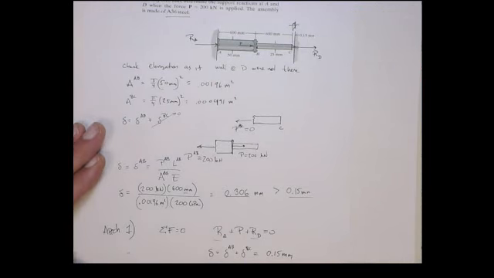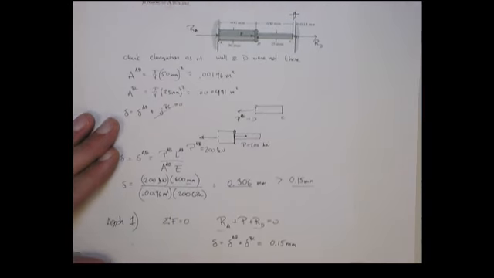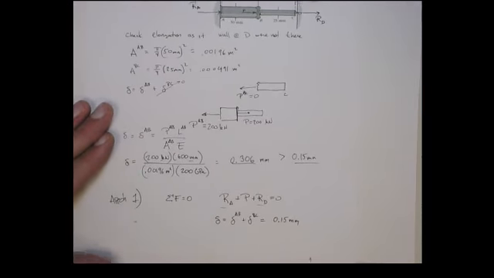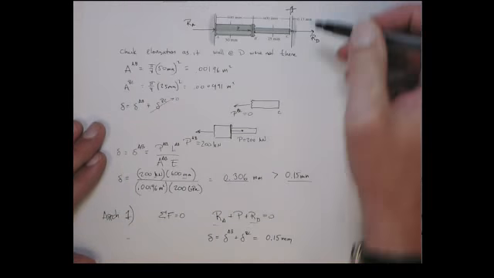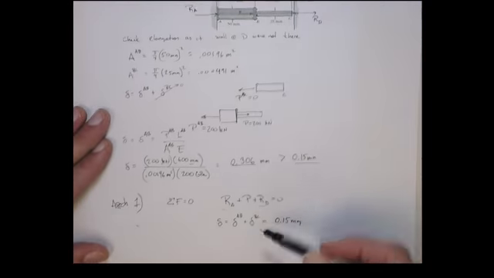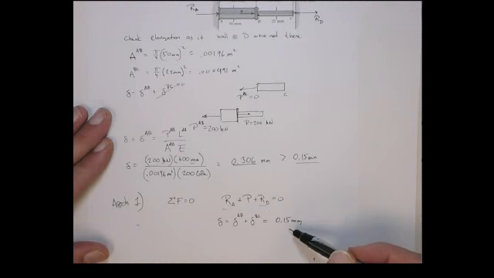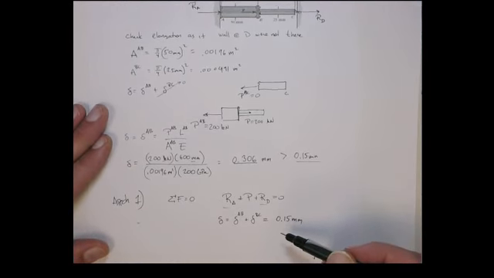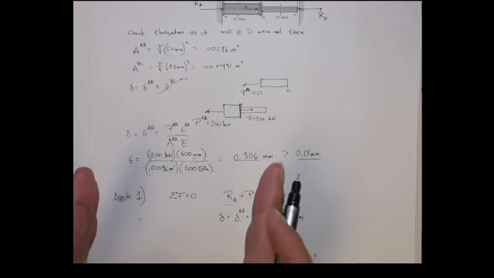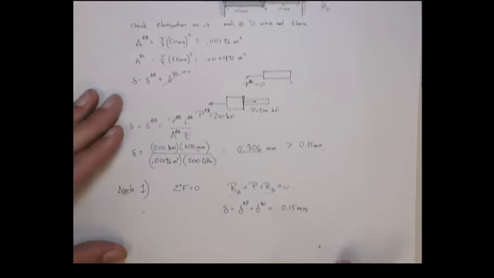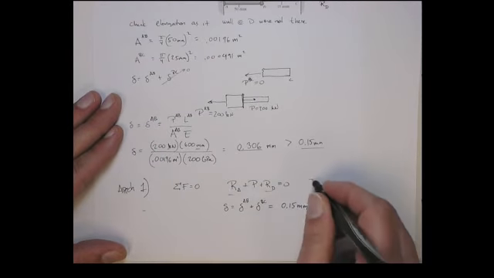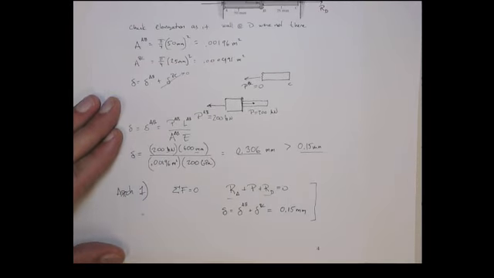That's how much it elongates. And then it comes in contact, and then the reaction force is such that that is the elongation, all right? If the gap were longer, then you would have a bigger distance here. So what that's going to do is automatically compensate for the amount it stretches before it comes into contact. So that's one approach, and you could certainly solve those two equations, the two unknowns.